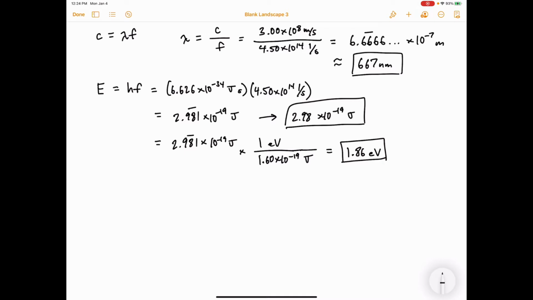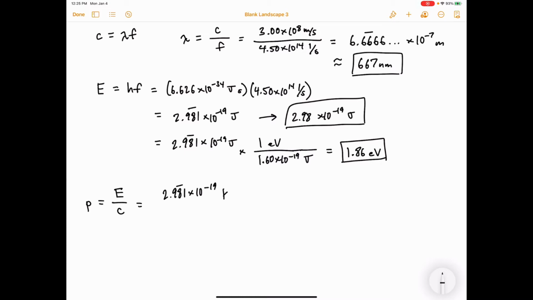Okay, and then finally, we'll remember that for light, there is a relationship between the momentum and the energy of each photon. And that is p is equal to E divided by c. Okay, so we'll start by doing this in the SI unit of kilograms meters per second. So E, the energy, is 2.981 times 10 to the minus 19 joules.